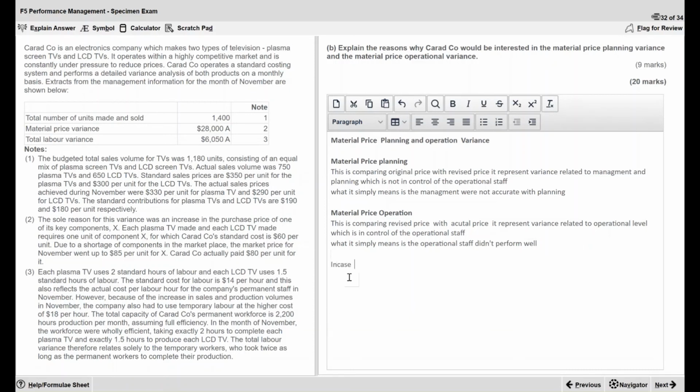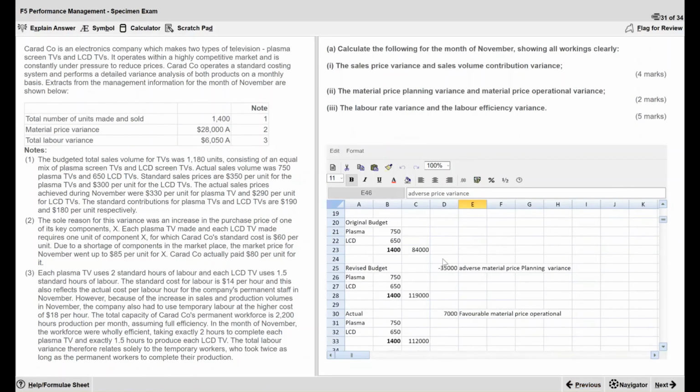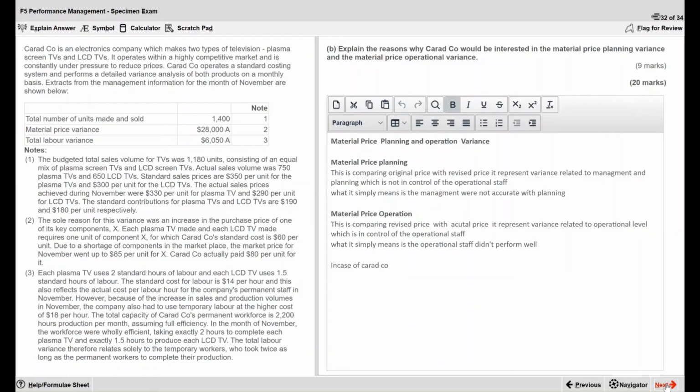In case of Caratco, looking at the information, remember it was material price, yeah? Yes.